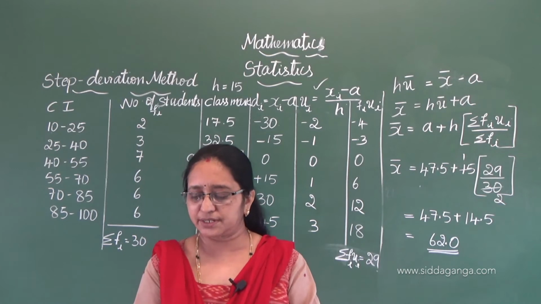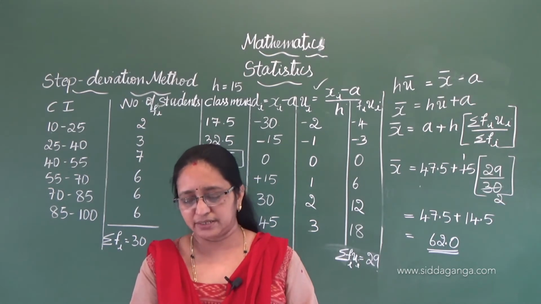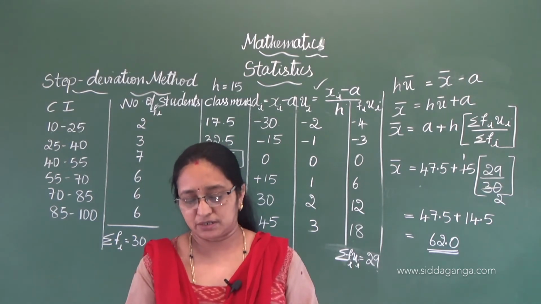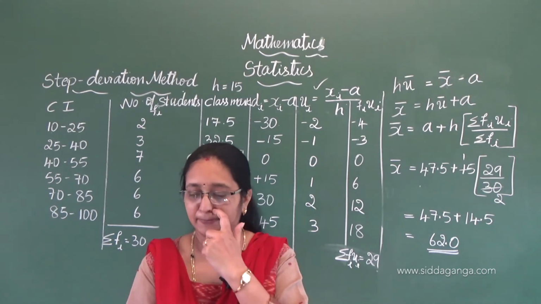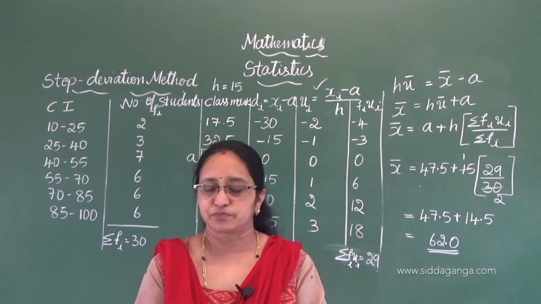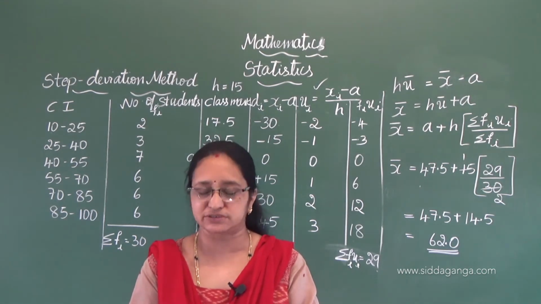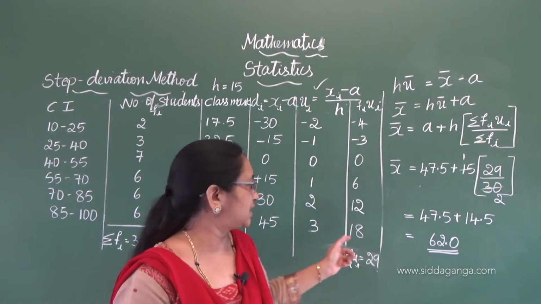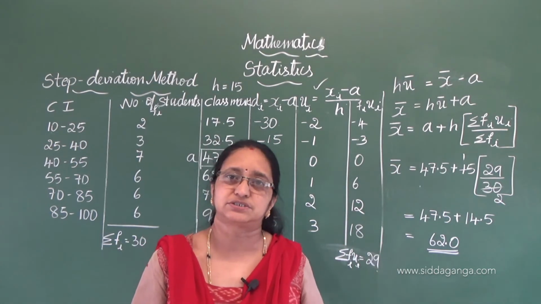So what is the answer there? 62. Then on the next page, that is 264, they have done the assumed mean method. There the answer is 62. You check there on page number 265. Then the last, the step deviation method, which I have done for you. Here also we got 62.